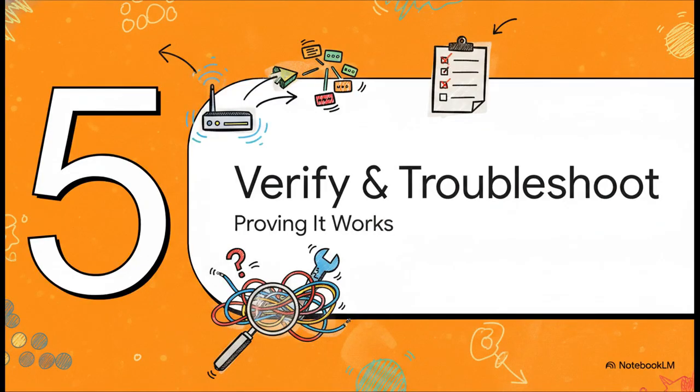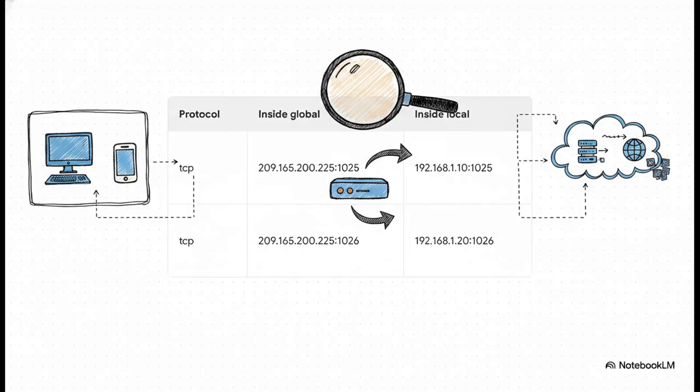Okay, Section 5, Verification and Troubleshooting: Proving it works. Honestly, any networking student can blindly type commands, but a real engineer knows how to verify their work and fix things when they inevitably go wrong. When you run your verification, you're going to be looking at a translation table exactly like this. Now, the inside local is your device's actual private IP and port.